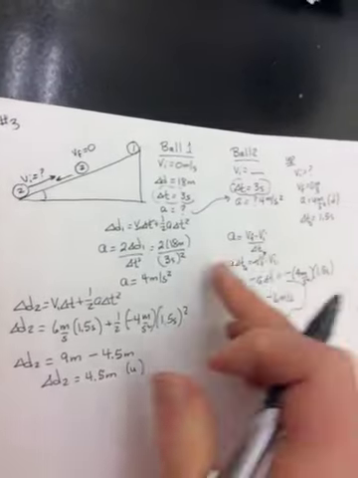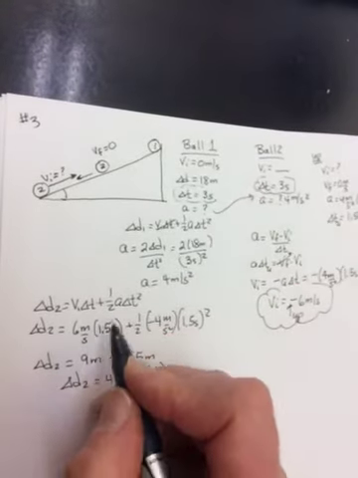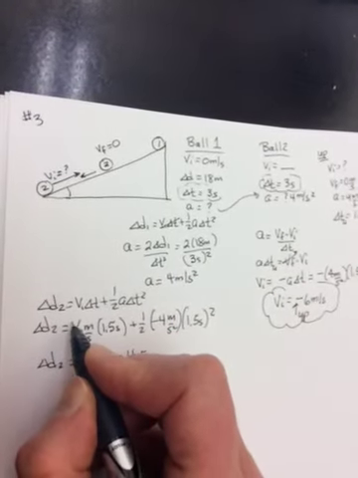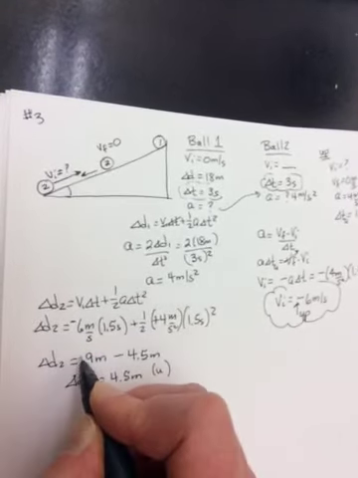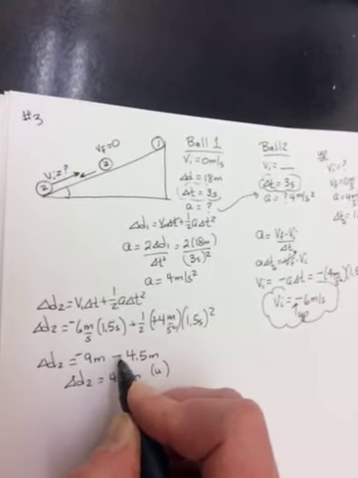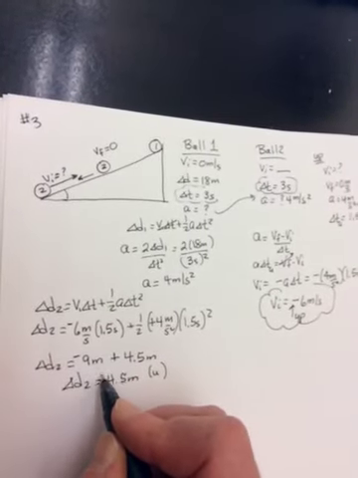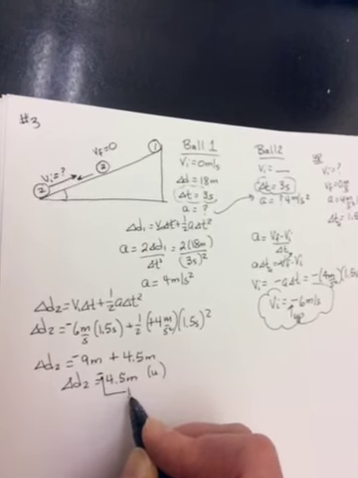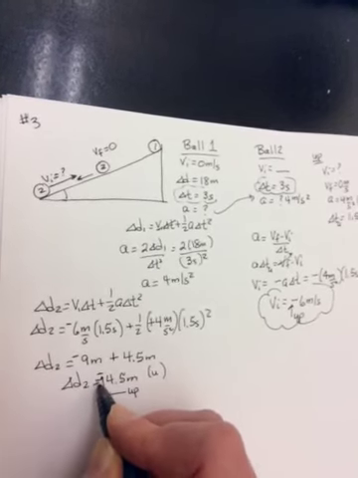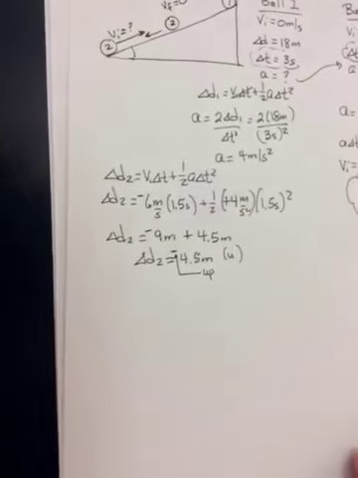Had you wanted to keep it the same as above and call down the incline positive, then your 6 meters per second would go in as a negative, your 4 would go in as positive, your 9 would end up being negative, your 4.5 here positive. It would give you a negative here, and you would say negative was up the incline. So it doesn't matter which way you call positive, just keep track of it.